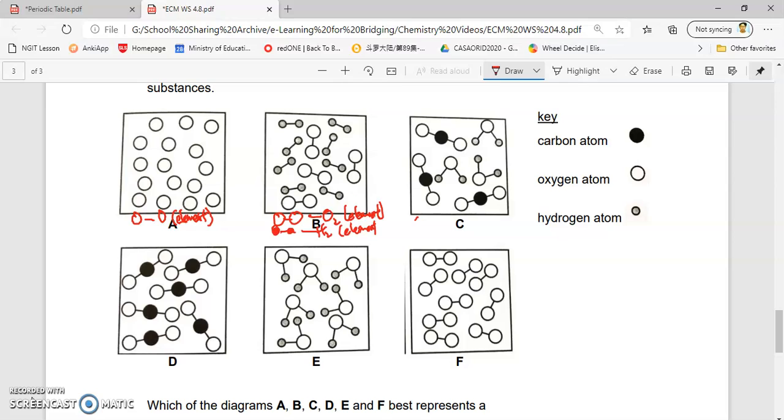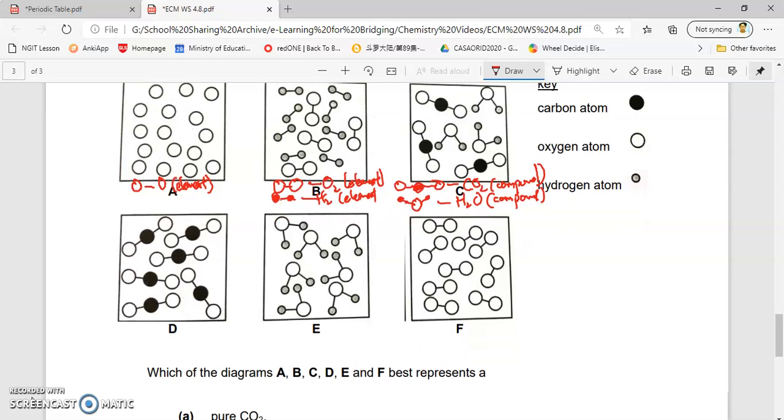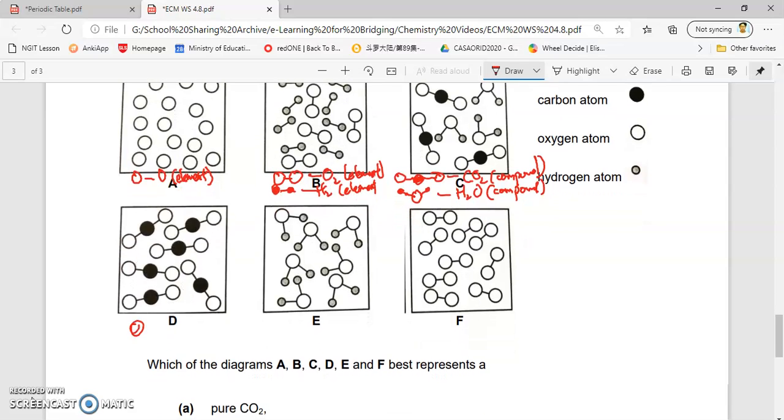Next one over here, we have a solid circle with two non-solid circles. This is actually CO2, so this is a compound. Next we have the Mickey Mouse. This is actually H2O, two different elements, so this is a compound. This one over here, we have a dark circle in the middle with two non-colored circles.